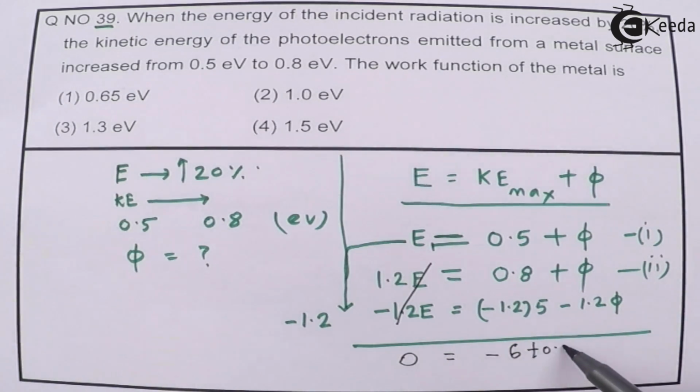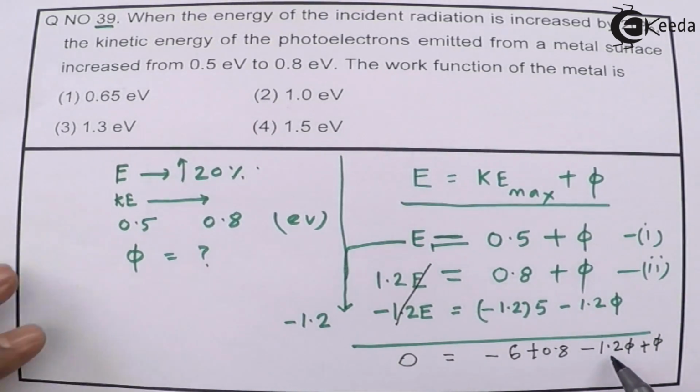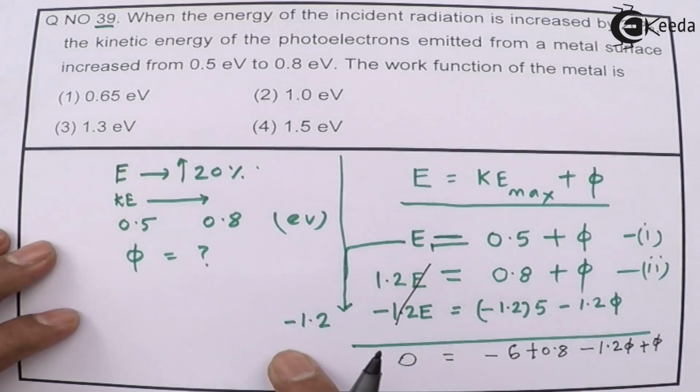This is minus 1.2 plus 5, so ultimately this will be 0.25. So this is minus 0.25, and this goes to this side.